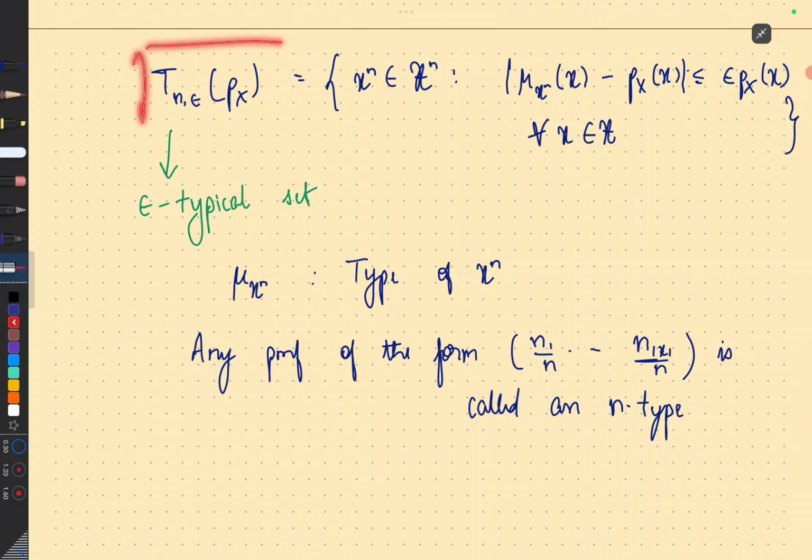So basically this T epsilon, the epsilon typical set, is the set where the type of xn is close to the true probability. In fact, loosely speaking, in terms of the L infinity distance. Not exactly, but yeah, each component of mu xn is close to Px of x by an amount epsilon times Px of x. Okay?